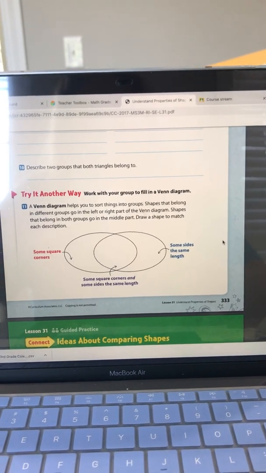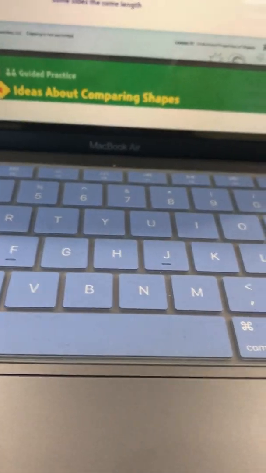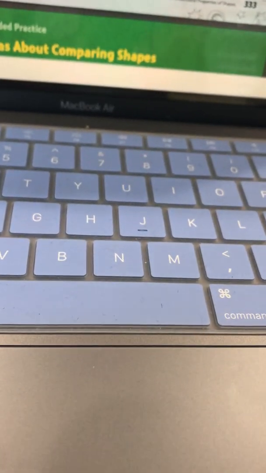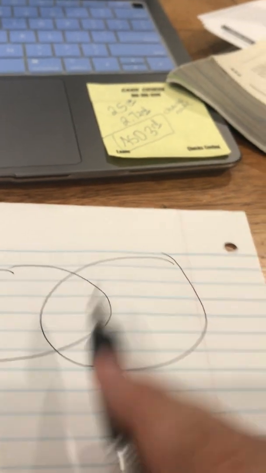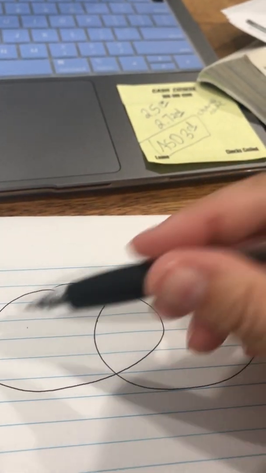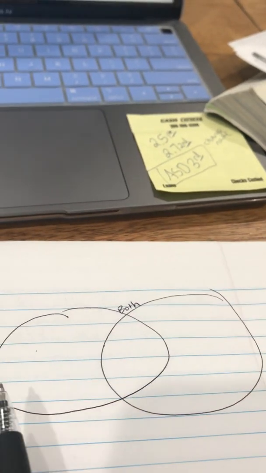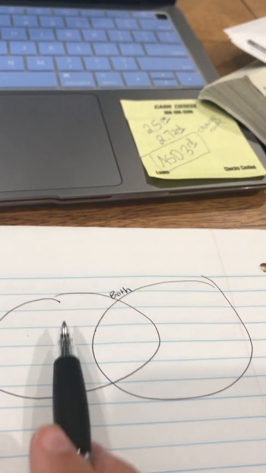Draw a shape to match each description. So let me draw my Venn diagram. Now, do you see how the 2 circles overlap in the middle? This is where you put what they both have, what's similar for both, okay? Then these 2 sides that do not connect are how they're different. So it says some square corners.